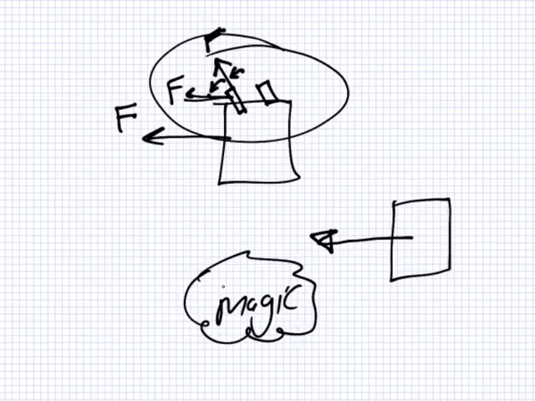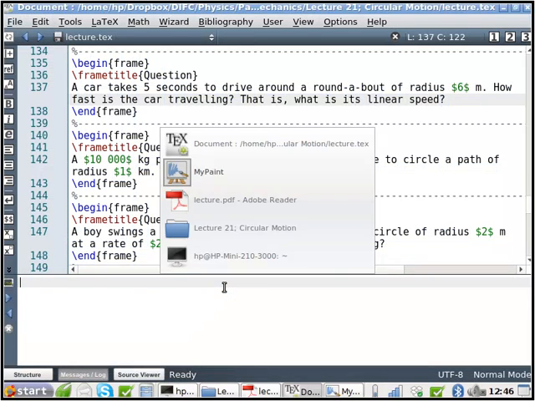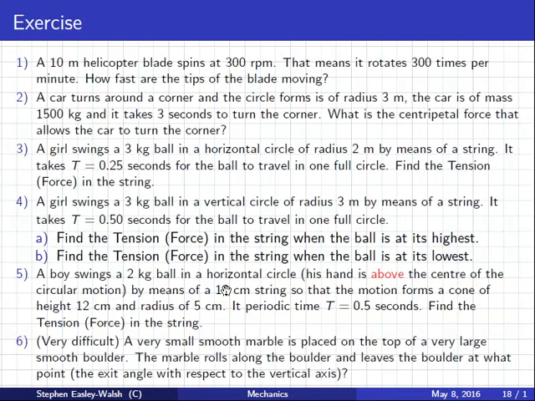Right, I'll put the questions up. So this is our homework. Better than I take pictures. I'll put the video up today.